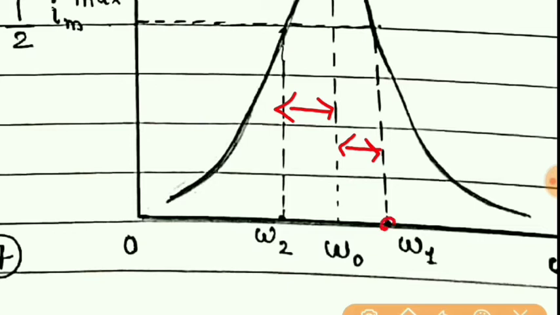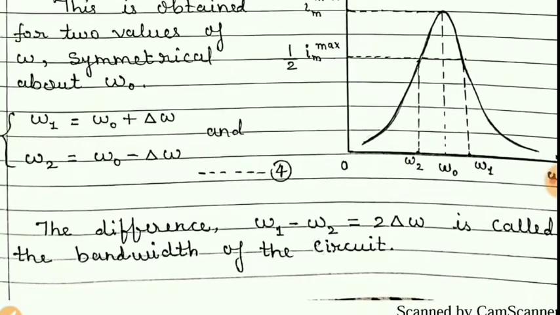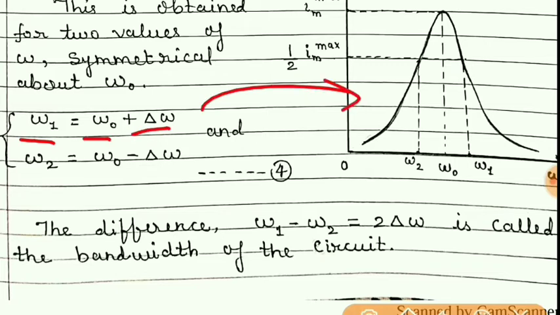So if I want to write omega 1, from here to here, it is omega naught plus delta omega. I hope you understood this. So I have written omega 1 equals omega naught plus delta omega from this figure.